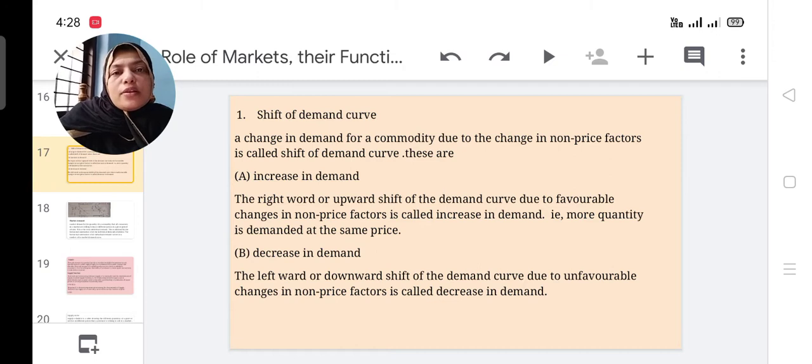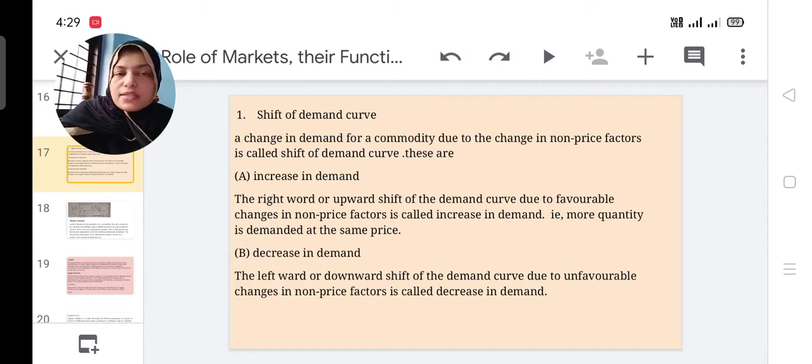Then 10 rupees for tomato. Then he buys 1 kg of tomato. Then after 1 week, his income increased to 150 rupees. Then he buys 1.5 kg of tomato. That changed his demand due to increase in income. That is increase in demand. Here price is not changing.